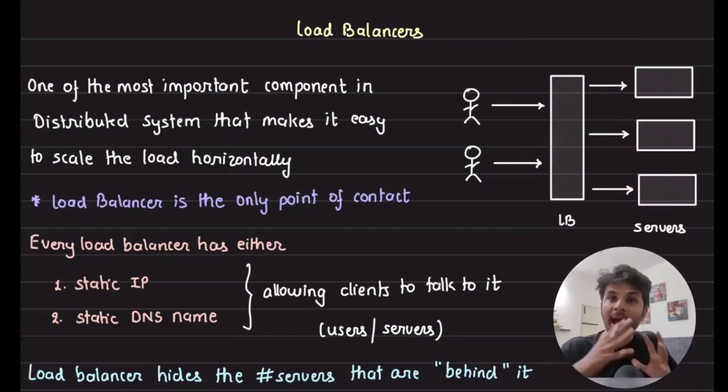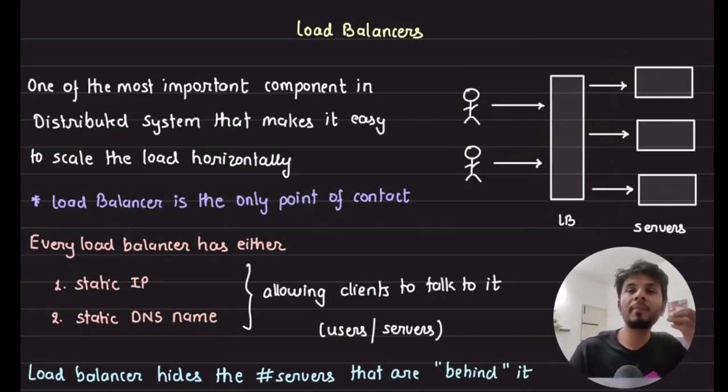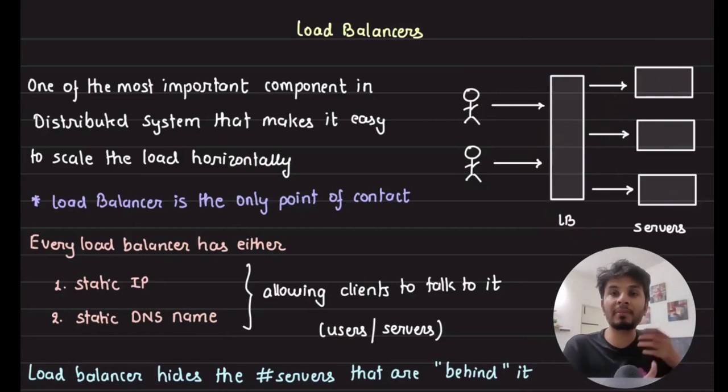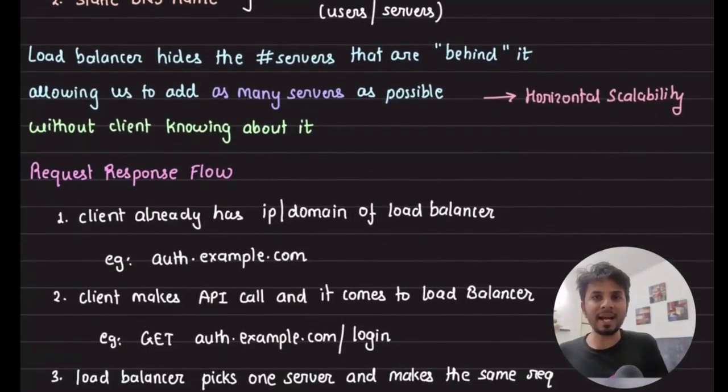So load balancers abstract out these details for you by being the first and the only point of contact for you to talk to any of the backend servers, right? And this is the beauty of load balancers, because it is abstracting out the distributedness of your system. Given that it is abstracting out the servers that are behind it, you get horizontal scalability.